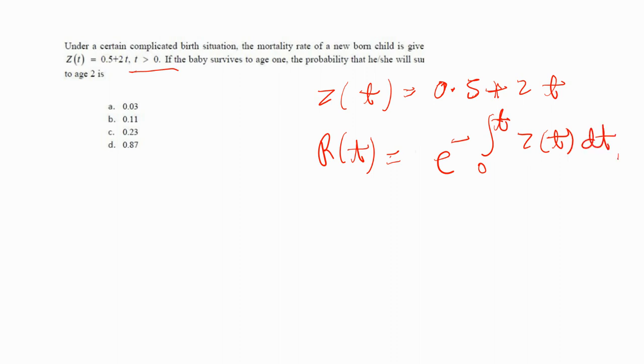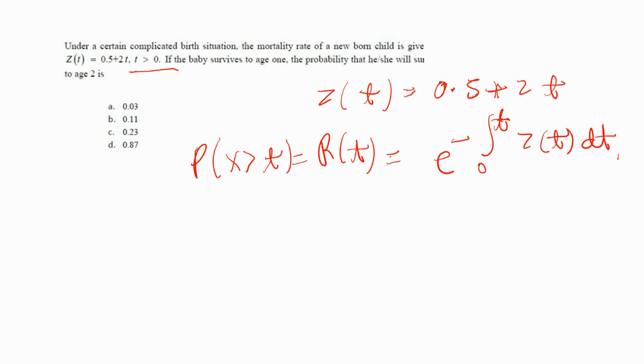So if you have any question like this, then this R of t is the probability of x greater than t basically. So now what we have here is that Z of t is equal to 0.05 plus 2t.